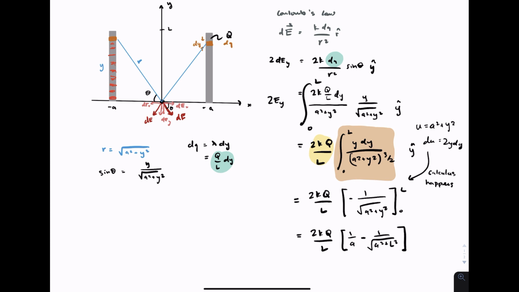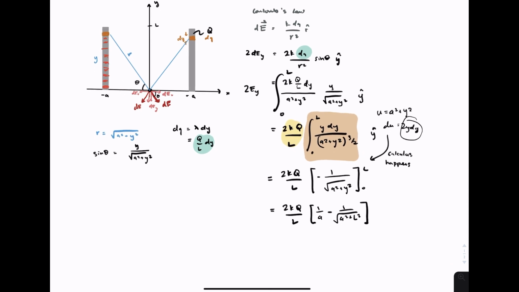You should have a 1/2 on the outside. I think it cancels with a different 2. There's a 2 here, and then there's a 1/2, and they cancel. The 2 we see here is from doubling the y component. Okay, we're still good. Always good to check where you're at.